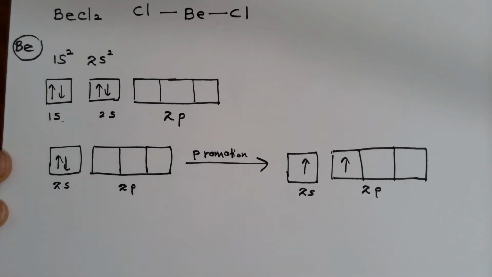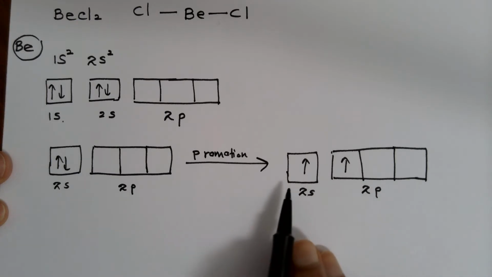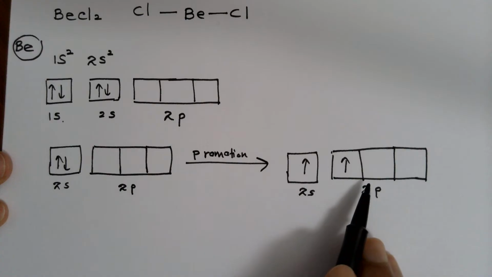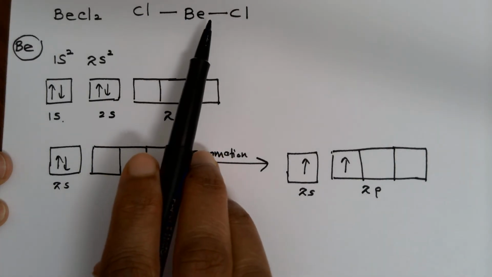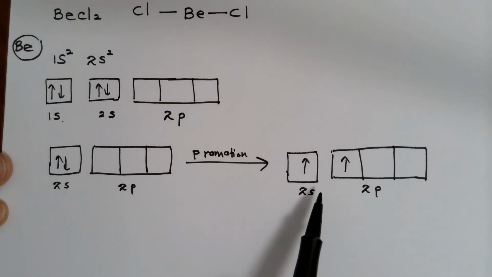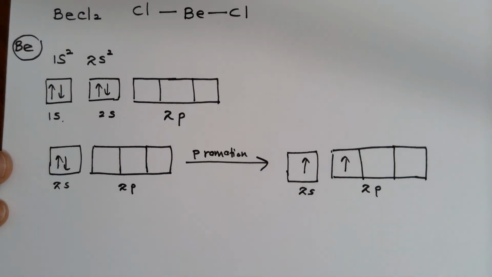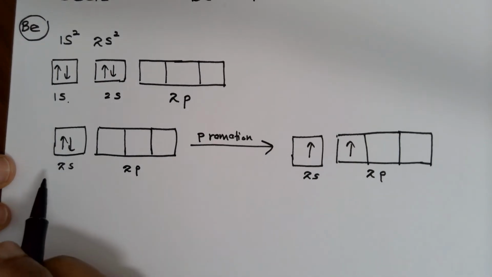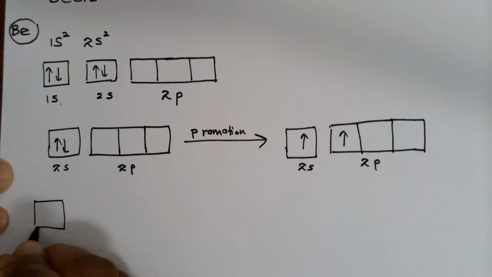Our third step is, now after we promote these electrons, let's mix these two orbitals, because we need to form only two bonds, BeCl, two bonds. So the central atom forming two bonds means we need to mix two orbitals. So let's mix the s and p orbitals together. Next step is mixing of the atomic orbitals.